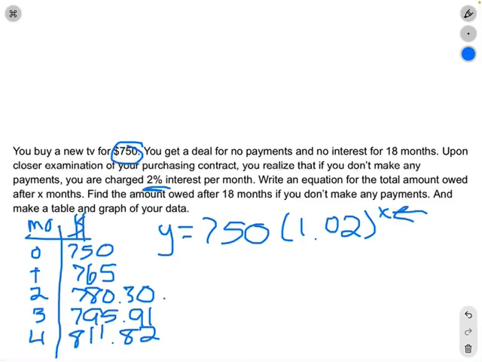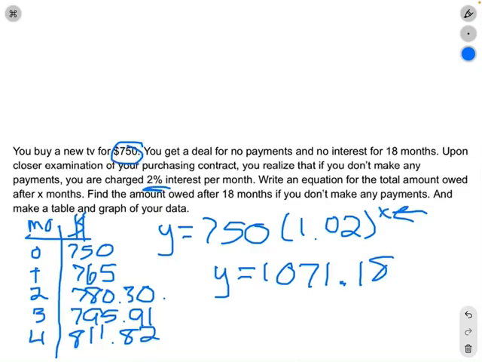So then at the end of that, I'm going to get y equals 1071.18.